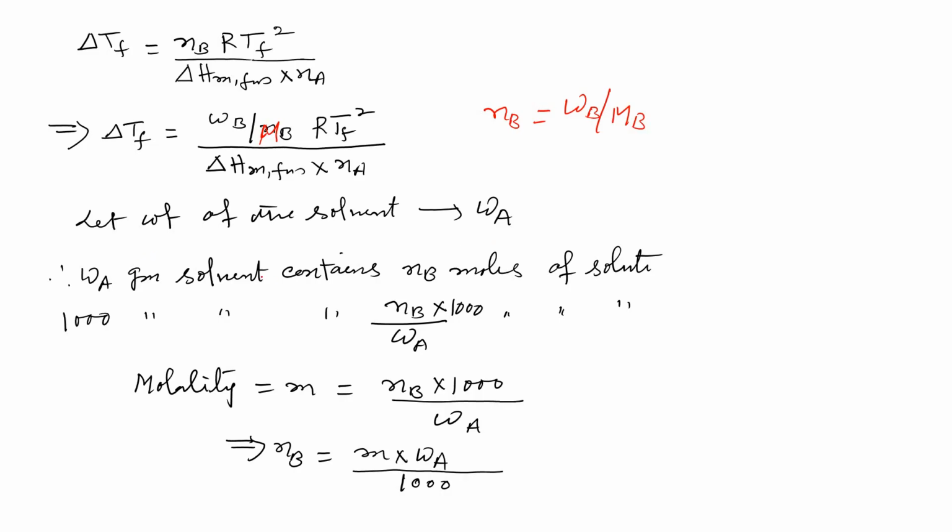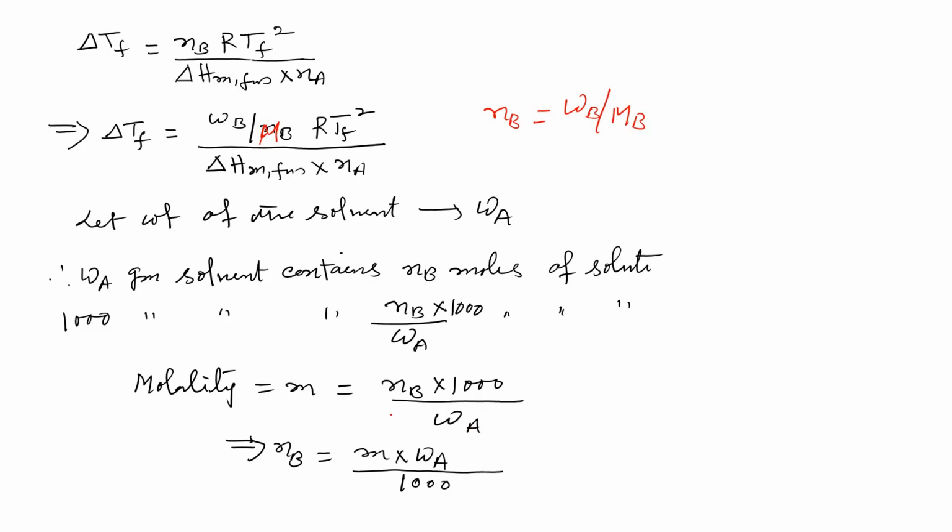Now see, let us consider the weight of the solvent is WA. So WA gram of the solvent contains NB moles of the solute. So 1000 gram of the solvent contains NB by WA into 1000 moles of the solute. That is the molality, the number of moles of the solute present in 1 kg or 1000 gram of the solvent. Molality of the solution is NB into 1000 divided by WA.